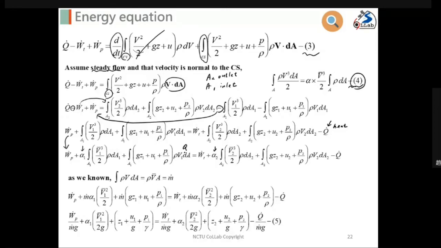And if you look inside the integration, there is rho V dA. And we know that V dA is the discharge. If we multiply the discharge by the density, then we have the mass flow rate, right?